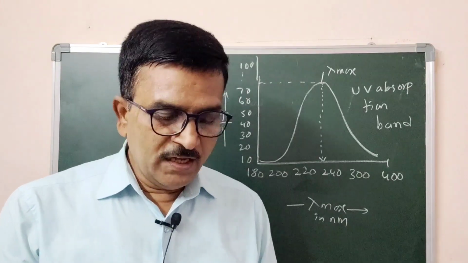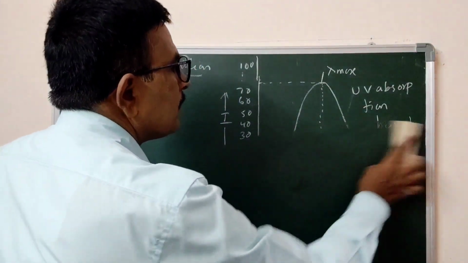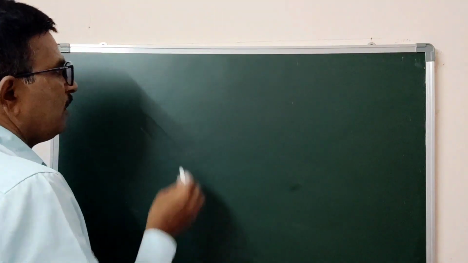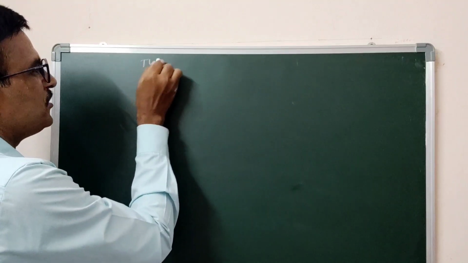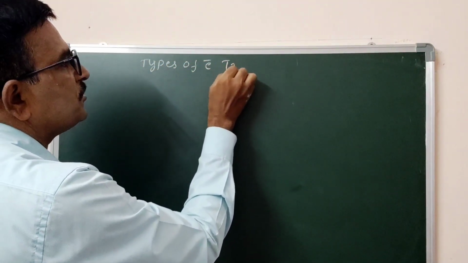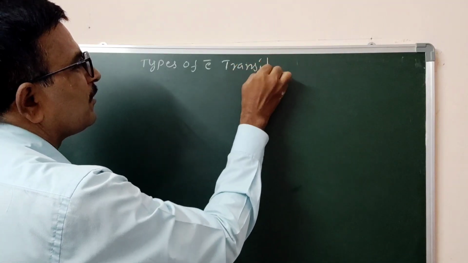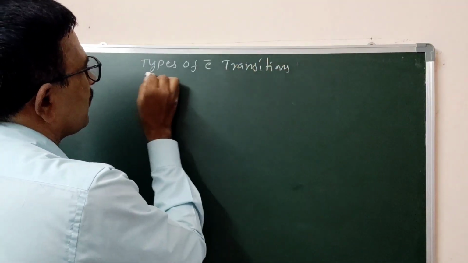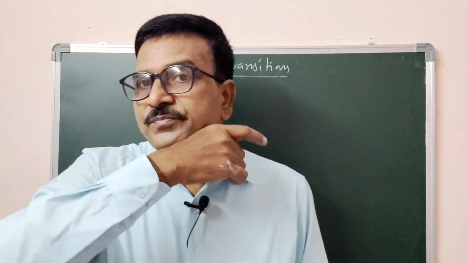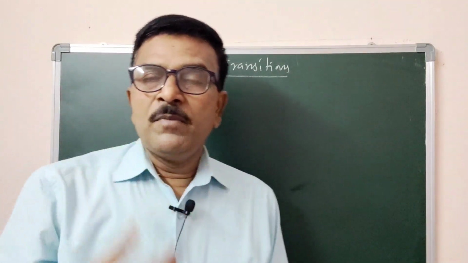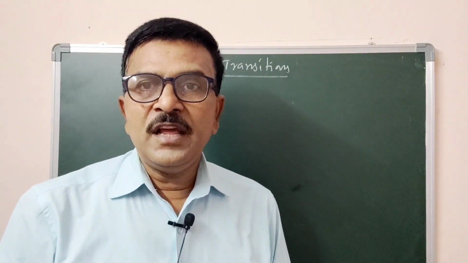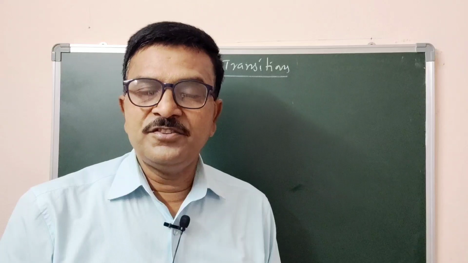Now coming to the next topic. Types of electronic transitions. Now, when a sample molecule absorbs ultraviolet energy, different types of electronic transitions happen.